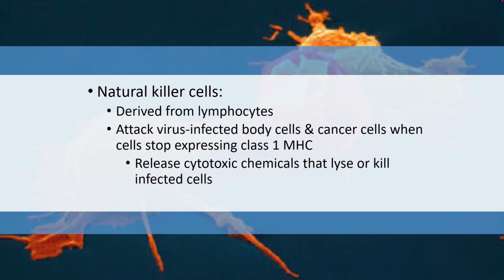Essentially, what these cells will do is they will go from cell to cell to cell, looking for a series of cues that the cells that they're checking have become invaded by either bacteria or viruses. If they find signals that indeed those cells have been invaded by viruses, then they will go through and release cytotoxic compounds that will either lyse or kill the infected cell. These natural killer cells, or NK cells, are also very important in fighting tumors.